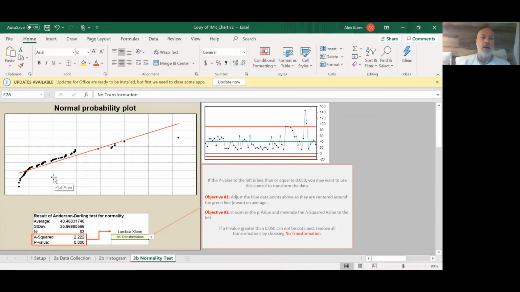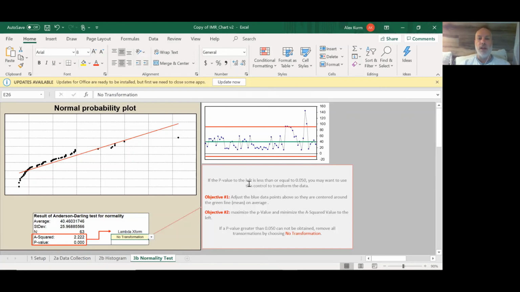So this is telling me by the looks of it, and also by the p-value, which we often look to, right? If the p-value for my normal probability plot is less than 0.05, then you have to conclude that your data is not normally distributed. That's just the way it is in Lean Six Sigma and how we interpret these graphs. But in case you forget that, the interpretation is right here. It even writes it out for you.